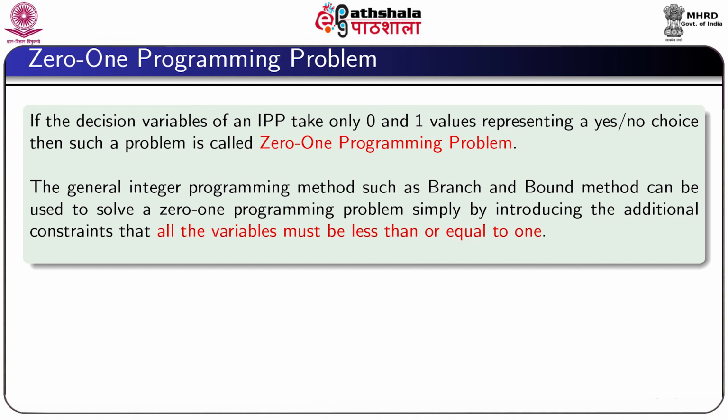The general integer programming methods such as the branch and bound method can be used to solve a 0-1 programming problem simply by introducing one additional constraint that all the variables must be less than or equal to 1.